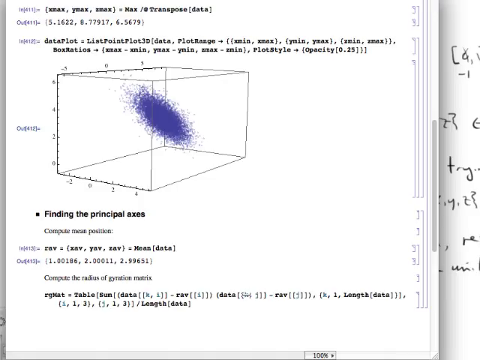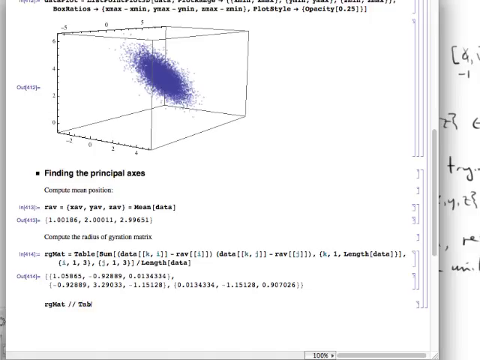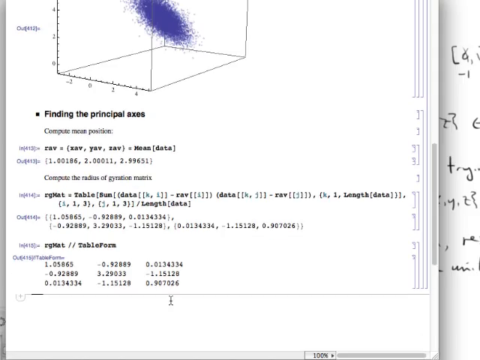Okay, and then that's summed over k, summed over all of the points in the data set. So that sum then is the ij entry of the radius of gyration matrix, and then we make a two-dimensional table of those, which will produce a matrix. And at the end we divide by the number of data points, because that was supposed to be done to every one of those sums. Okay. So there's the matrix written out.